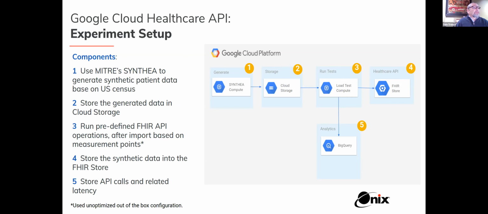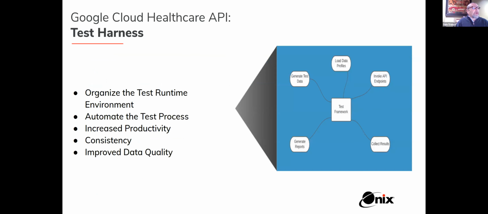So next slide. So I talked about a test harness. A test harness is nothing but a collection of scripts, software, test data, tools. It's a framework that allows you to organize, to automate, to control the conditions in a consistent, reliable, accurate, and efficient way.